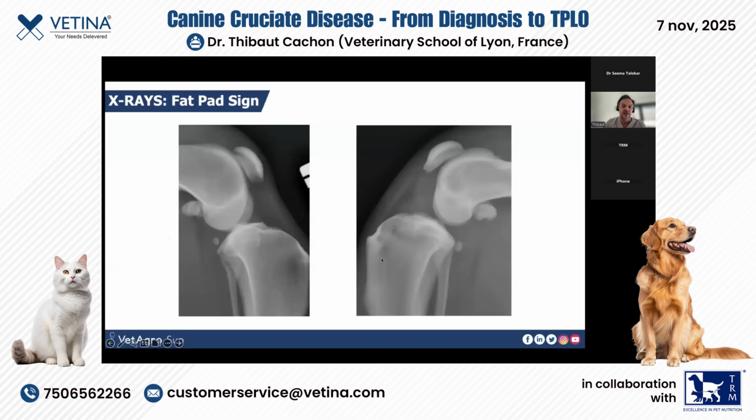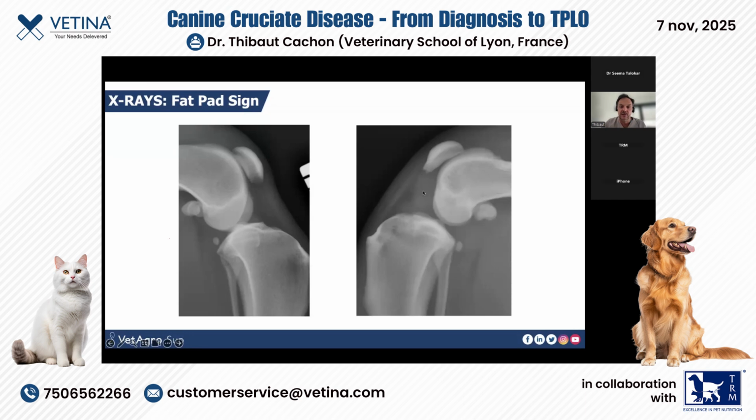The fat pad sign is based on a lateral view. You see on the left side a normal standard X-ray, and you clearly see the fat pad. The fat pad is more or less black, which is the fat density in X-ray. But as soon as you get a joint effusion, you will get some increase of the synovial fluid, and the synovial fluid will push the fat pad and compress the fat pad against the patellar ligament, and you can see that the fat pad is clearly smaller in a dog with a cruciate.